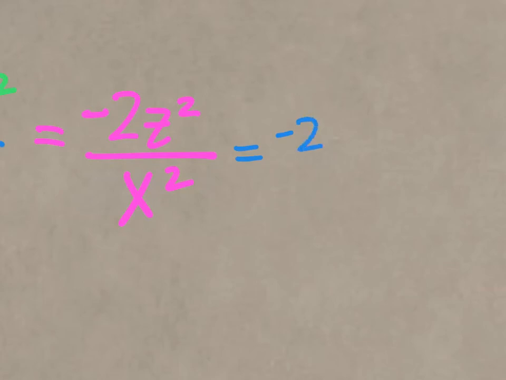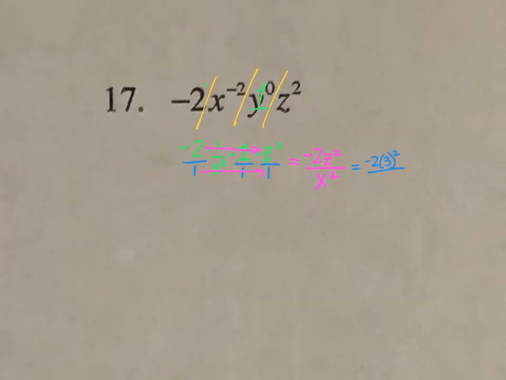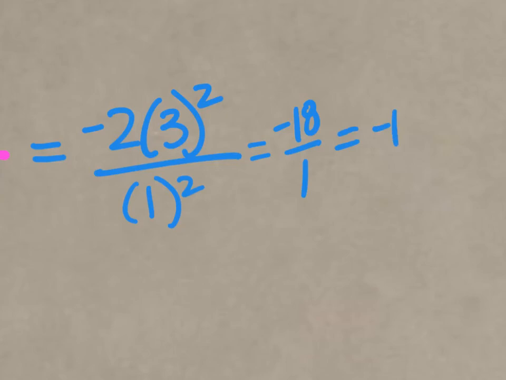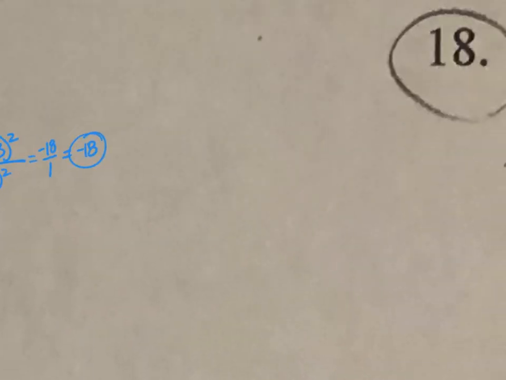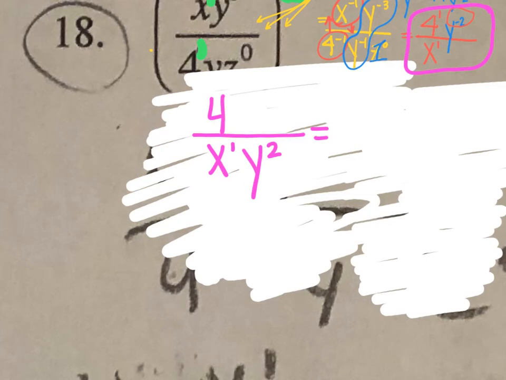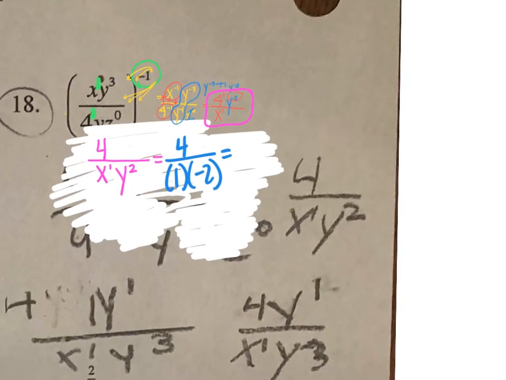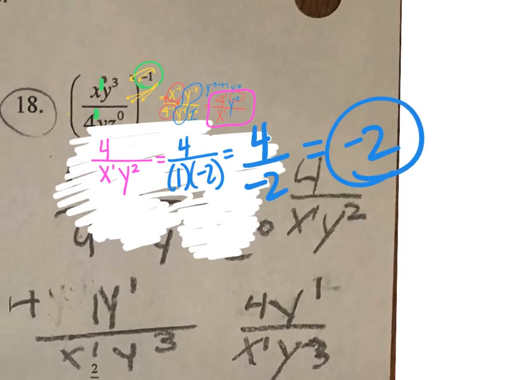So you get negative 2 times 3 squared over 1 over 1 squared. Negative 2 times 9 gives you a negative 18 over 1. And then we get 4 over 1 times negative 2, 4 over negative 2, giving you negative 2.